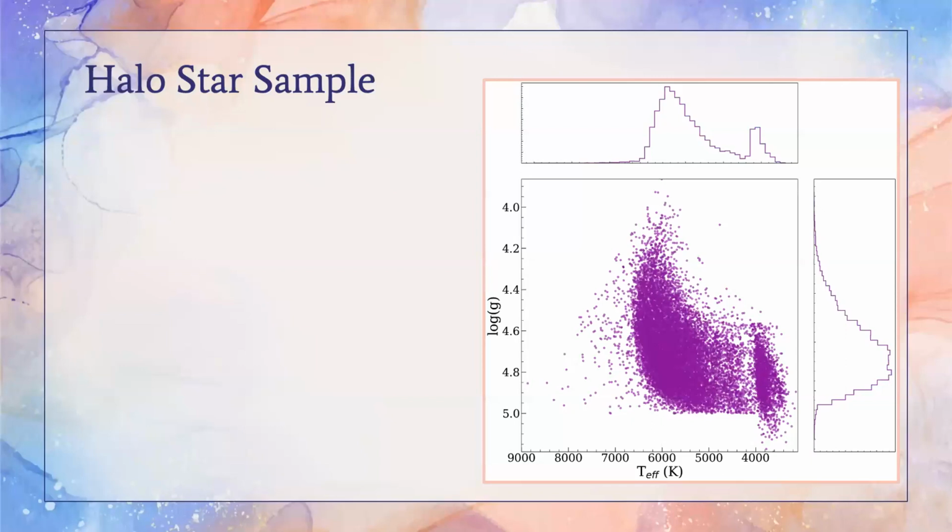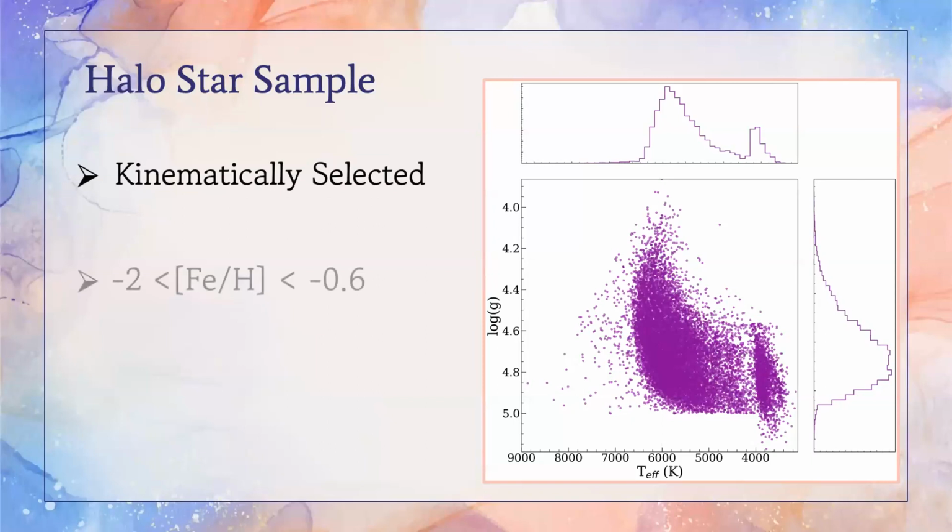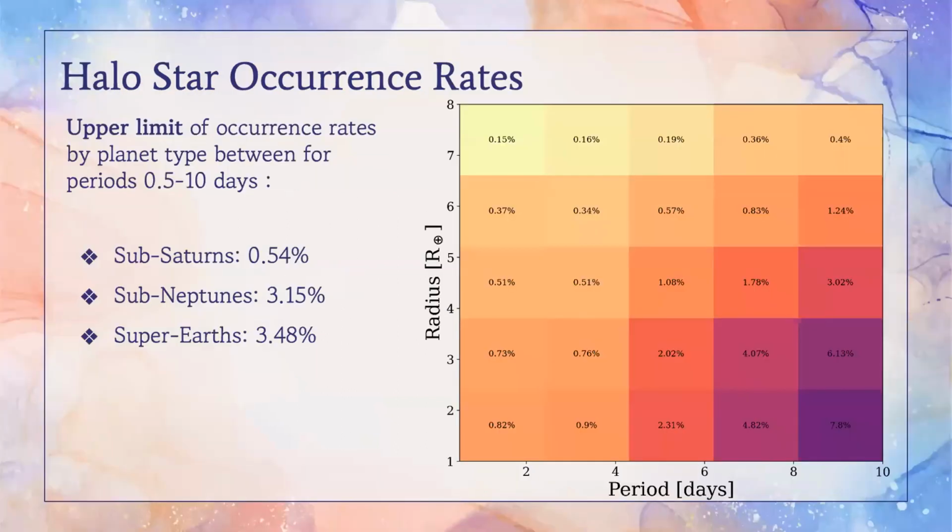So looking at a halo star sample, which was kinematically selected, we were able to get stars that fell within this regime of -2 to -0.6 metallicity. And this sample was a decent bit smaller, around 17,000 stars. So from this sample, we were able to get quite a few upper limits for planet occurrence rates in this regime.